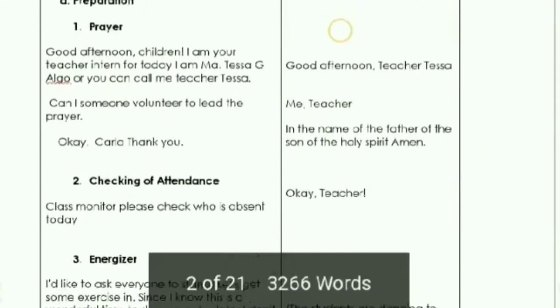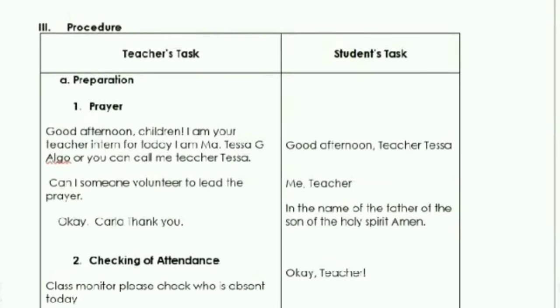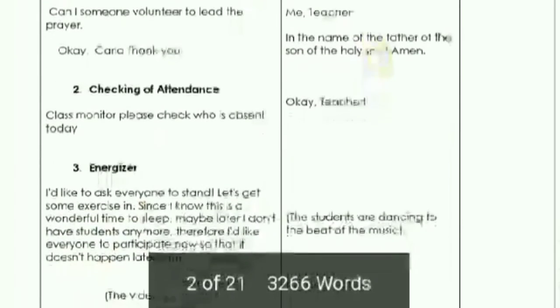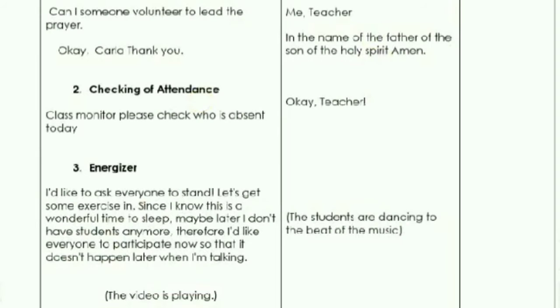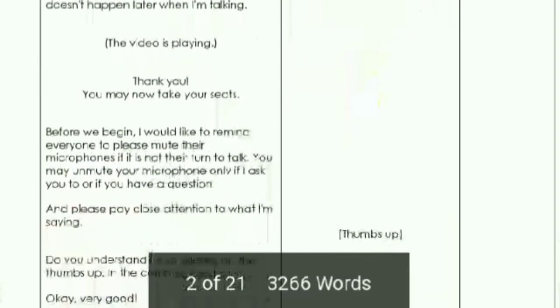As we can see here, there is a teacher task and the student task. Under the procedure, it includes the prayer, checking of attendance, energizer, and B, developmental activity.